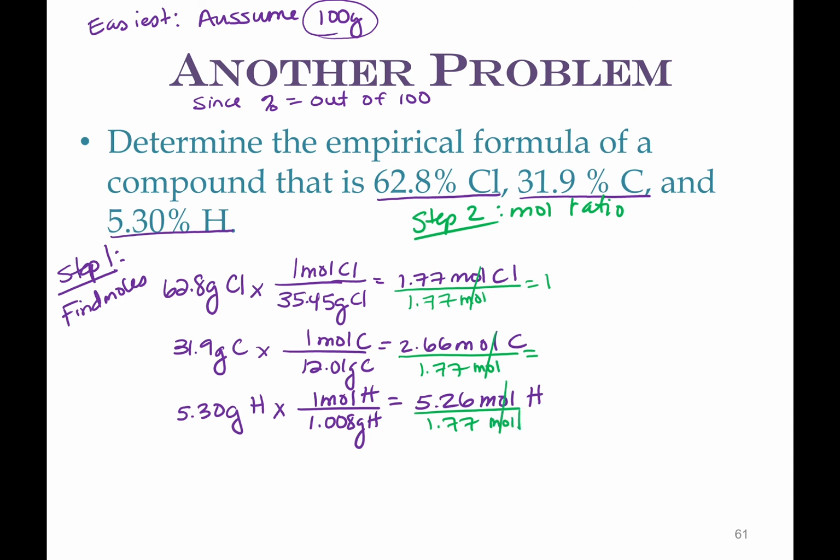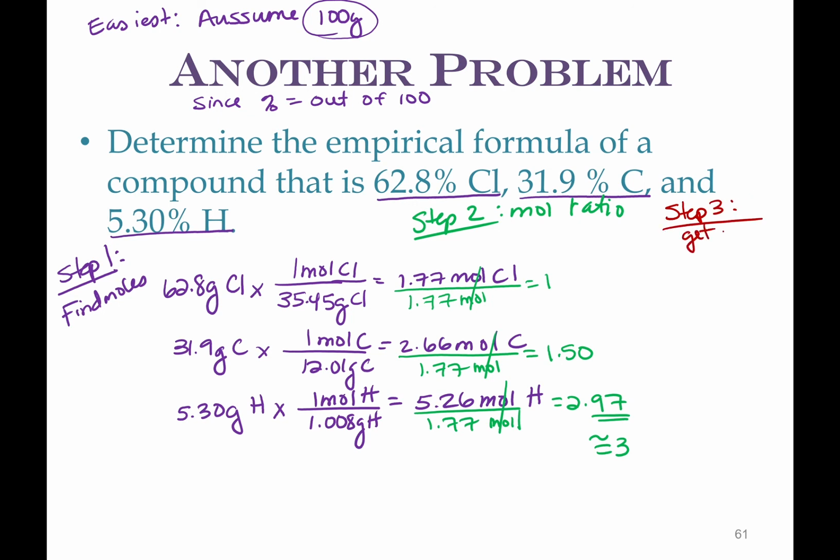All right, so 1.77 divided by 1.77 is 1. 2.66 divided by 1.77 is 1.50, and 5.26 divided by 1.77 is 2.97. But this is roundable, so I can round this to 3. My suggestion is anything that's roundable, round it before you do step 3. Otherwise, you might round yourself out of a roundable number.